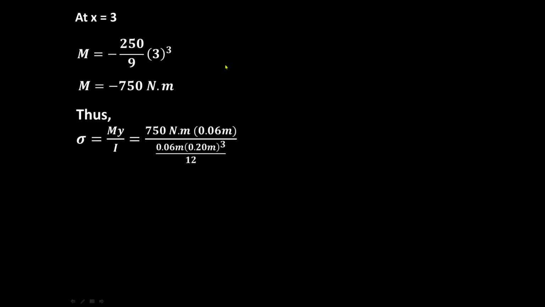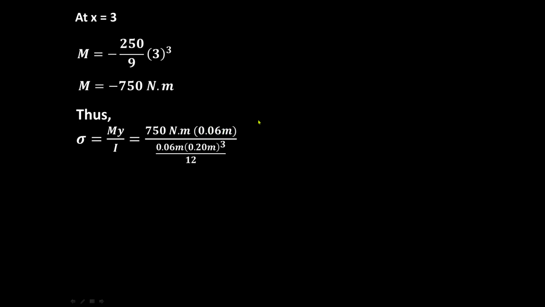Okay. Thus, the stress My over I is equal to 750. Why 0.06? Because the 40 was already deducted, right? The 40 mm which is equal to 0.04. Our C before was 0.1, but the requirement is from the top, 40 mm. We deducted it from 0.1, so it became 0.06 only.